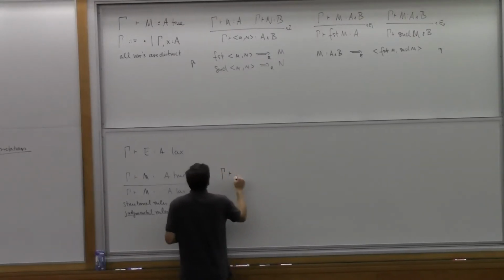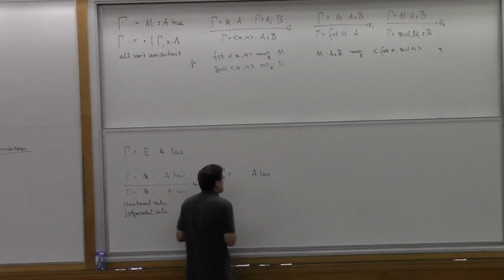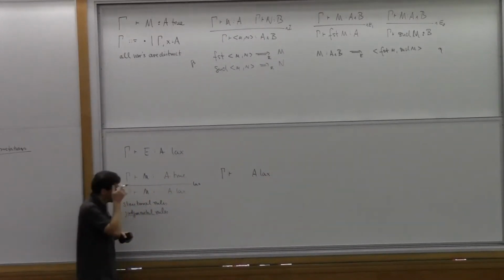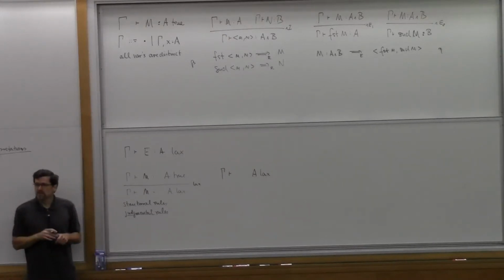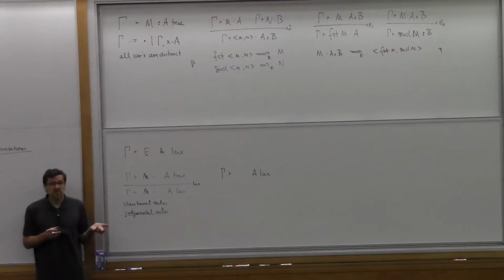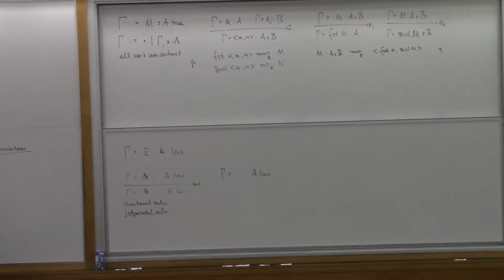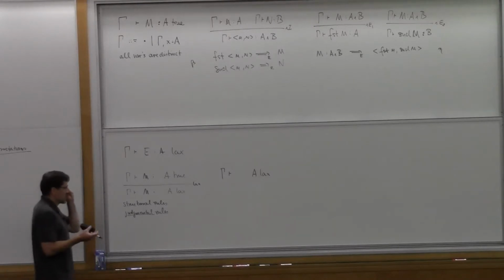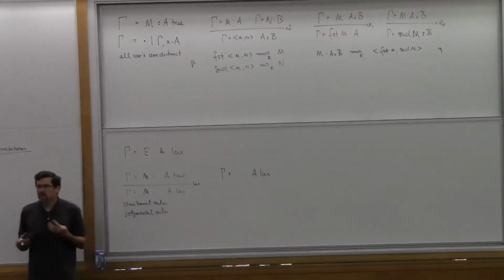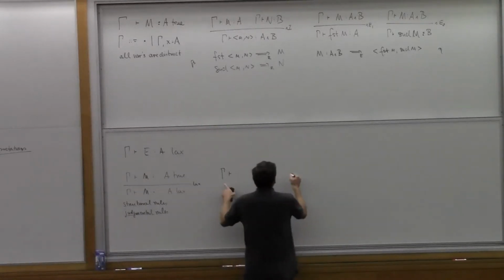If gamma entails A lax, how can I use that? It would be incorrect to just say, if A is lax, then A is true. Obviously, it's supposed to be weaker, because if you think about it as a computation, it might not terminate. So I can't just say A is true. So what else could I extract from the knowledge? What I'm going to do is the following.